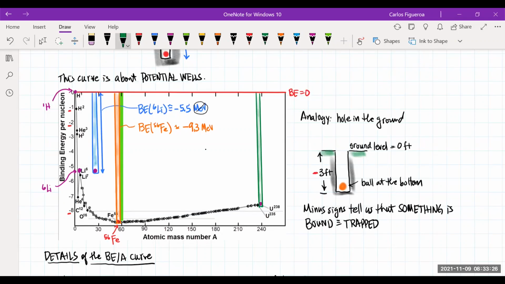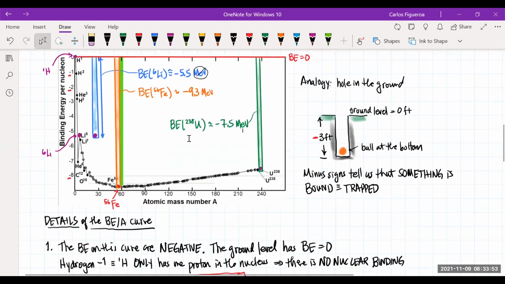When you look at the value for uranium, it's actually about 7.5. So now if I come over here, I'm going to say, yep, the binding energy for uranium 238 is about minus 7.5 MeVs.